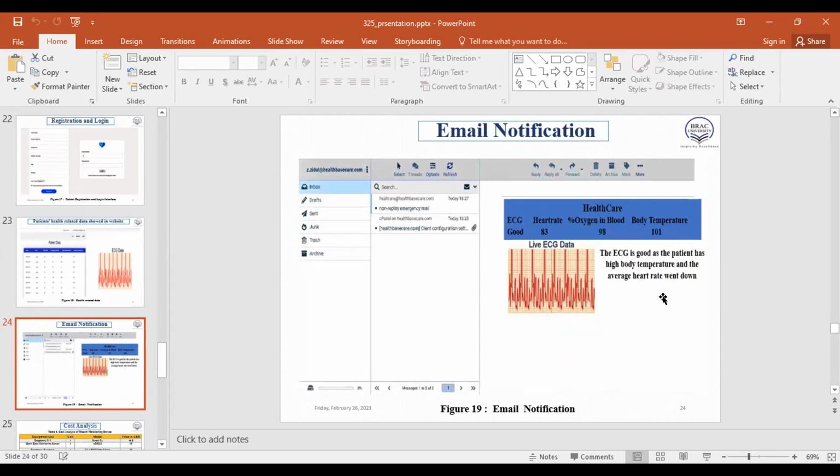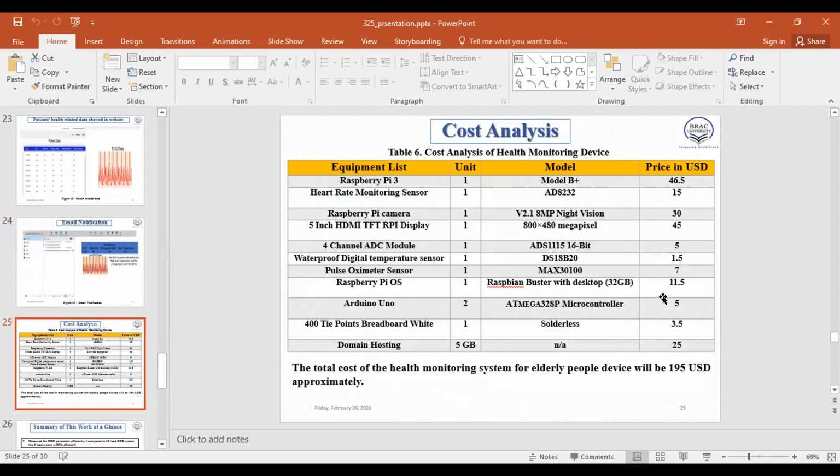That is the total cost analysis of this health monitoring device. The total cost of the health monitoring system for elderly people will be approximately 195 USD, which is low for developing and underdeveloped countries.